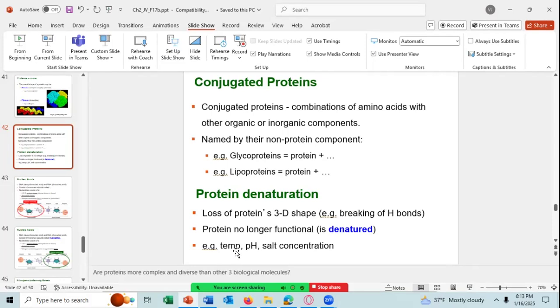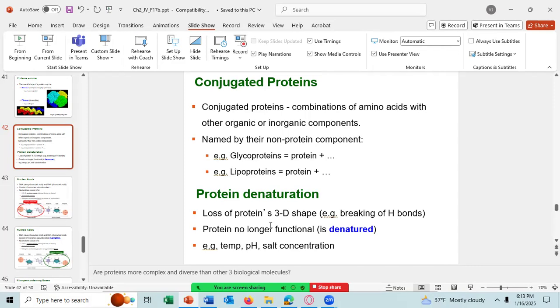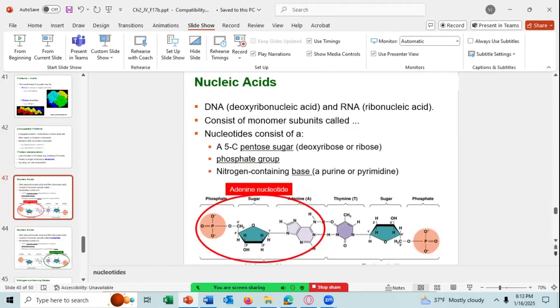And if you change the temperature, the pH, and the salt, the protein will not function at its optimal level. And if you change it far, the protein will not function at all. All right, any question about any of that?